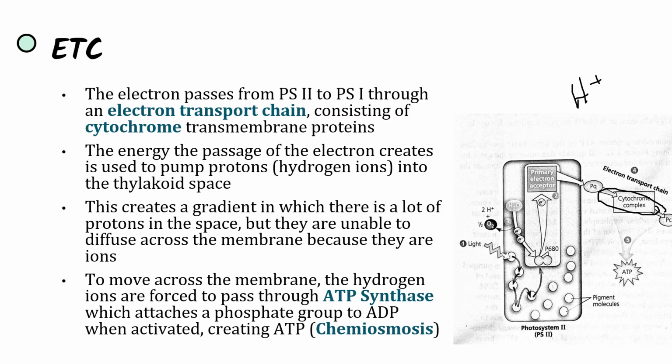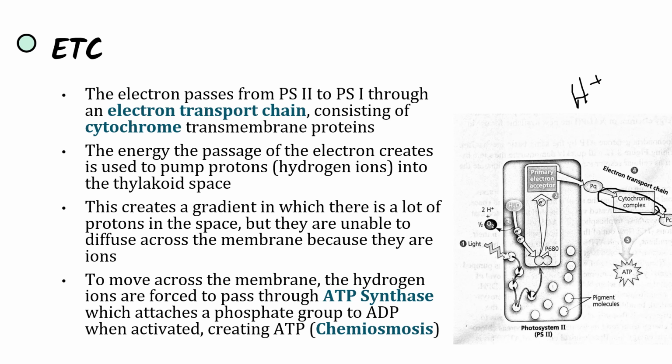And the only way they can diffuse across the membrane to reach dynamic equilibrium is going to be through the protein ATP synthase. So essentially, the electron transport chain powers ATP synthase by causing a gradient of protons to be built up in the space. And once those protons pass through ATP synthase, this then powers the creation of ATP.